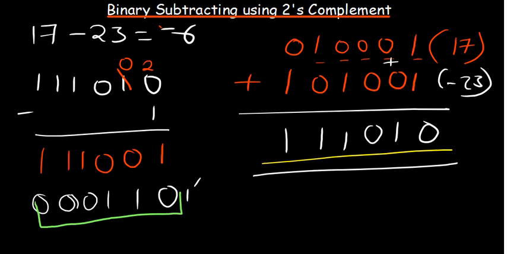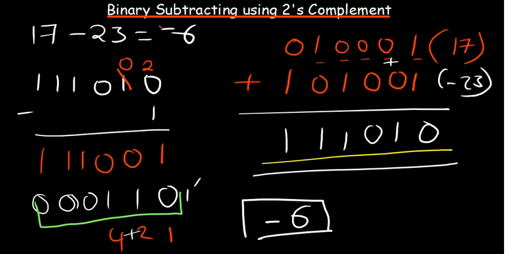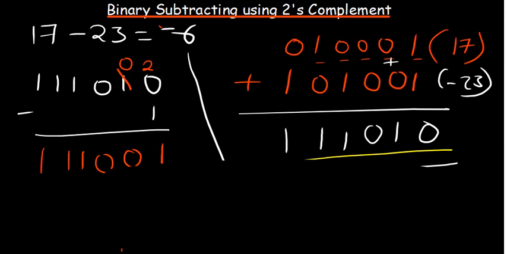That is our result. If you consider the positions, this is 1, 2, 4. Of course, we just consider where they are ones. So 4 plus 2 is a 6. Now negating it is a negative 6, which proves that our answer is correct.